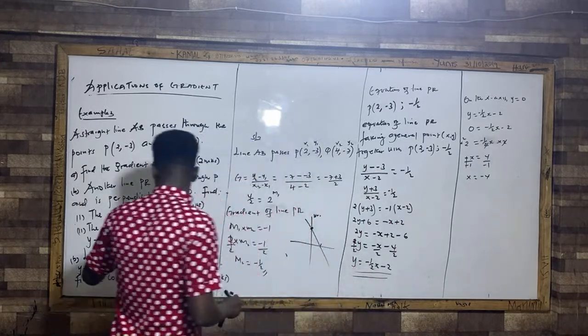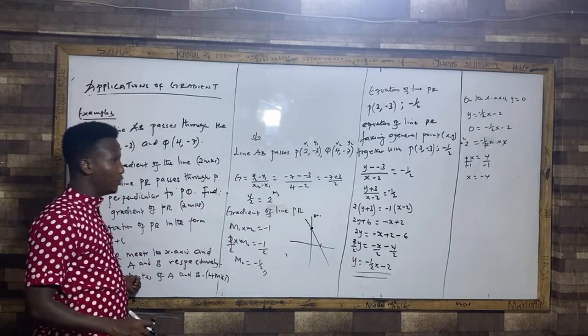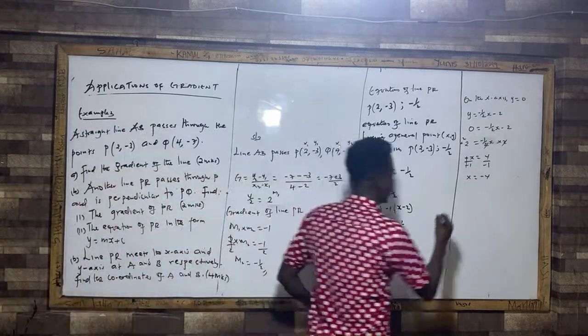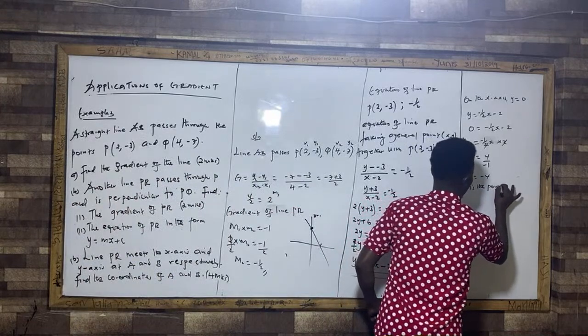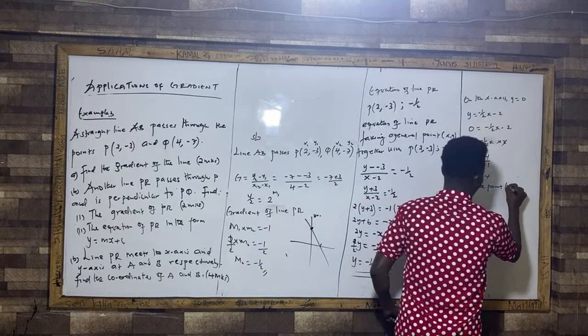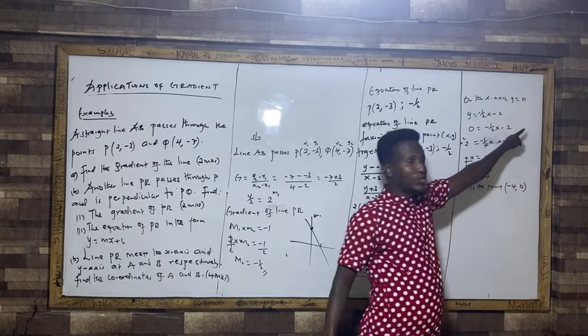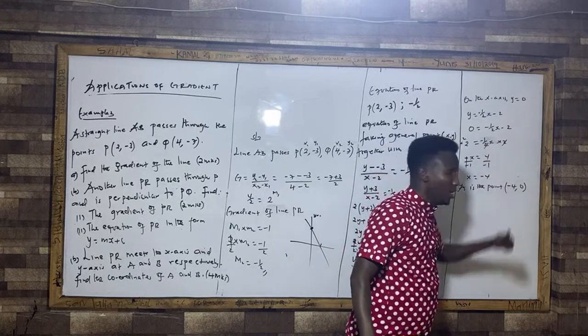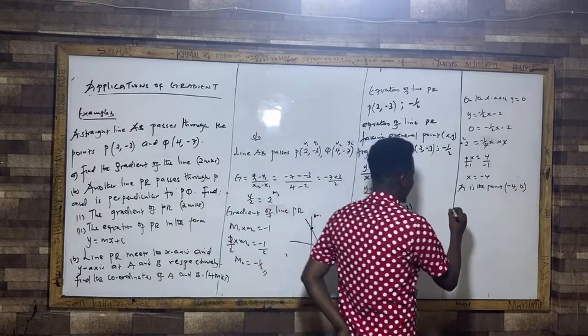And they say that line BR meets the x-axis and y-axis at A and B. So we're looking for A. So we're going to say A is the point negative 4, 0, because you said on the x-axis y is 0 and x value is what? Negative 4, okay?